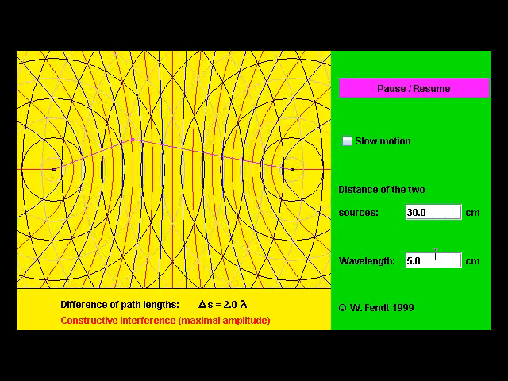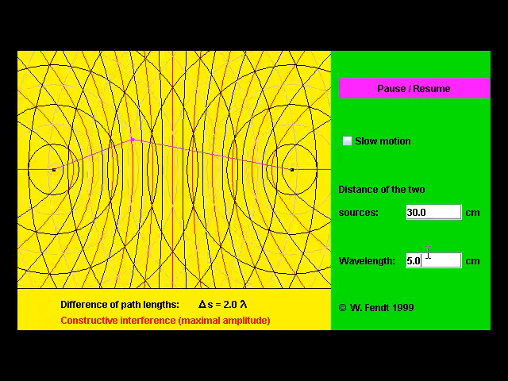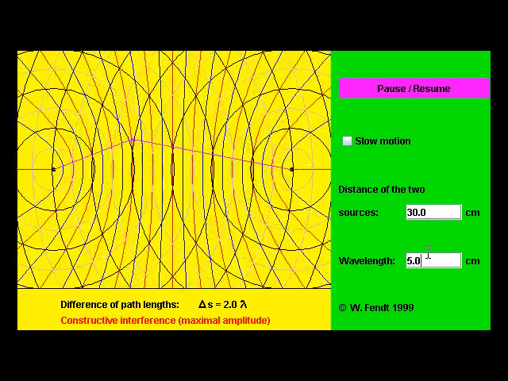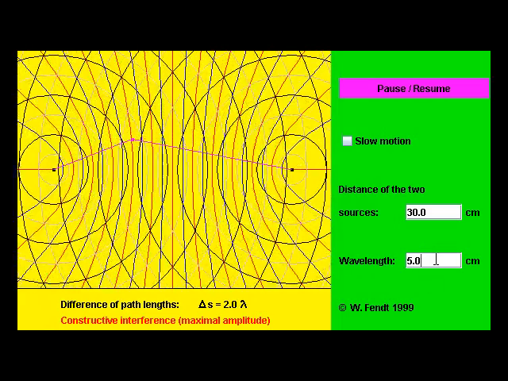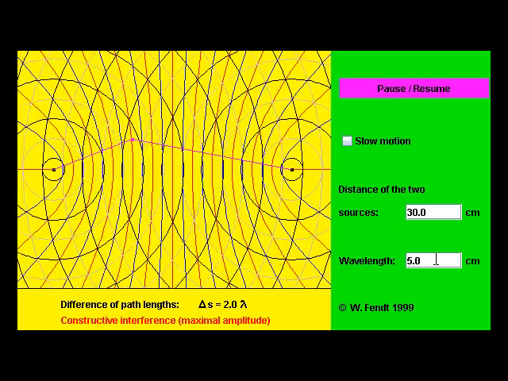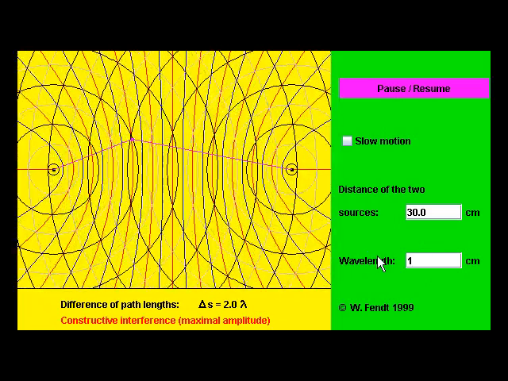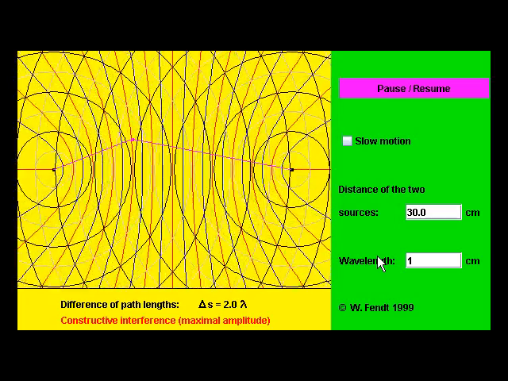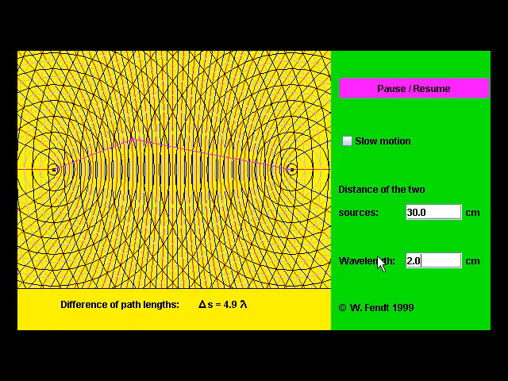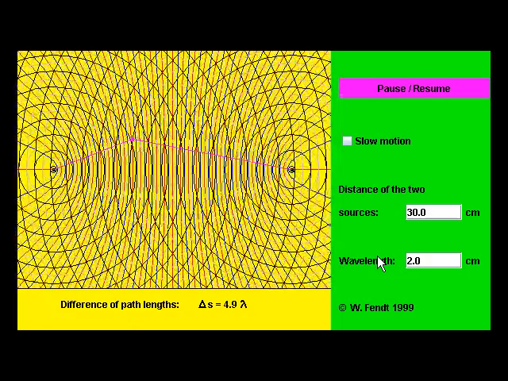If you solve this for x, which is the distance between antinodes, notice that since x is equal to NL lambda over d, as we make the wavelength shorter, the value of x also becomes shorter. So if we change this wavelength to 1, the wavelength is getting much smaller, therefore the distance between the nodes and antinodes will get much smaller. And so we start to get quite an interesting pattern there.